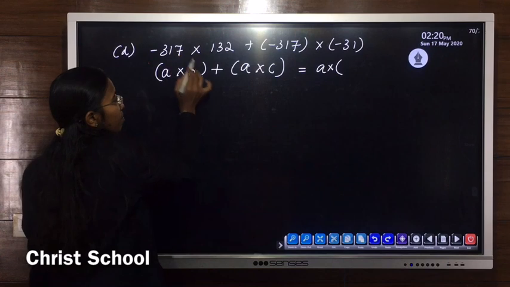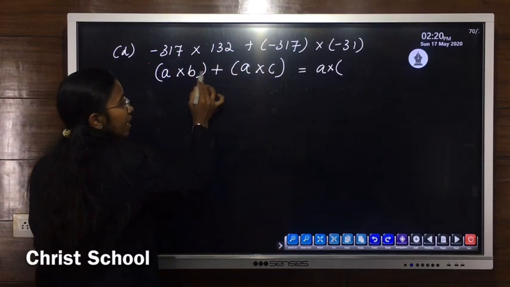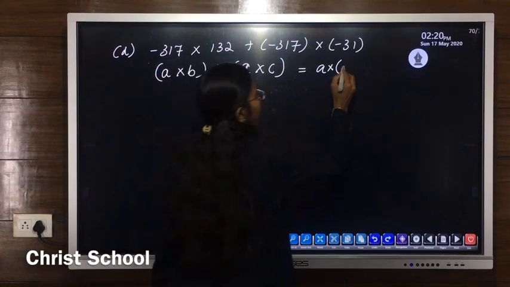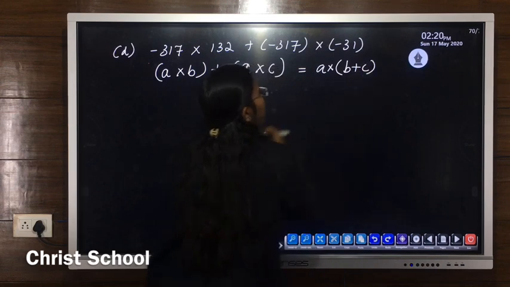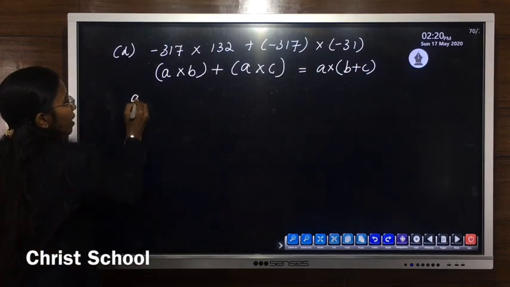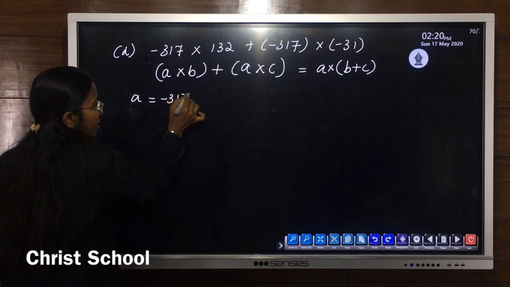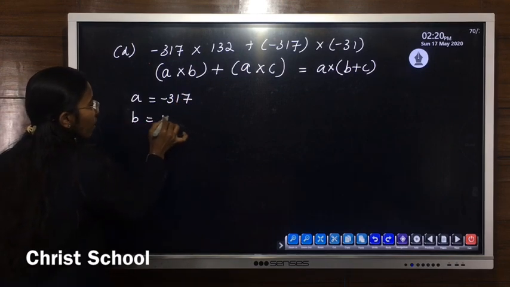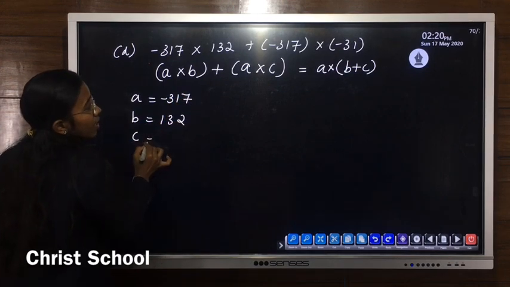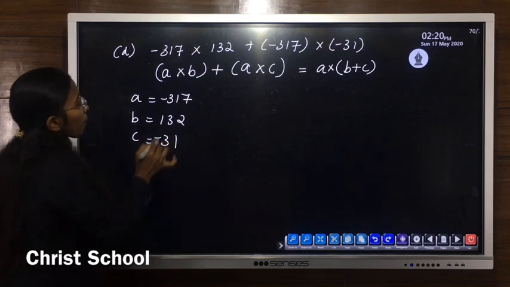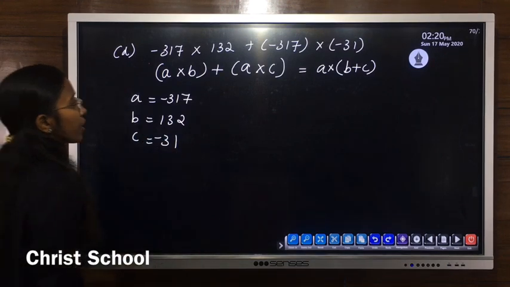B is here, and in this term C is there, in between a plus sign. That is A into B plus C. So here A is minus 317, B is equal to 132, and C is equal to minus 31.